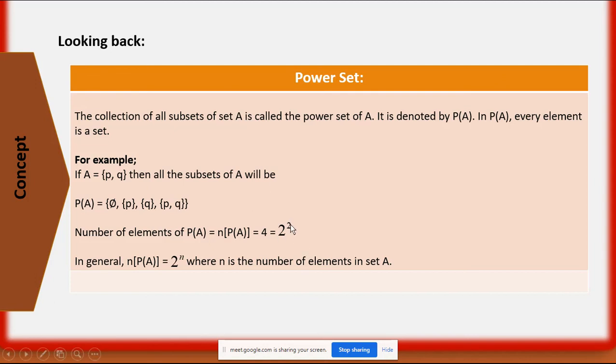2 subsets are possible. Can you mention what are the possible subsets of a set having a single element? You mentioned 2 possible subsets, but what are they? Can you mention in the chat box? 3 is the wrong answer. 2 to the power 1 is 2, and let me tell you the subsets.